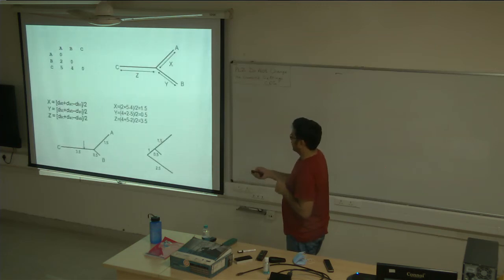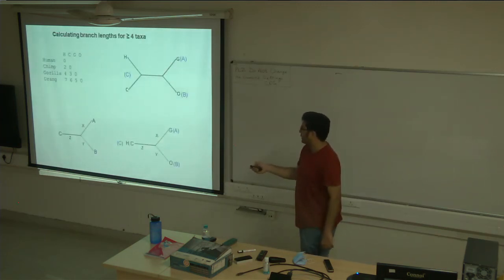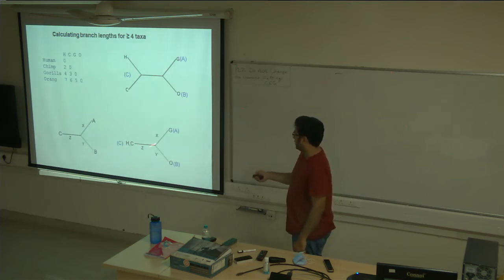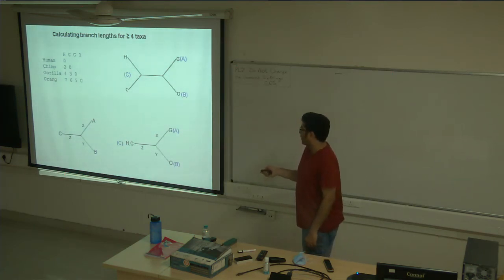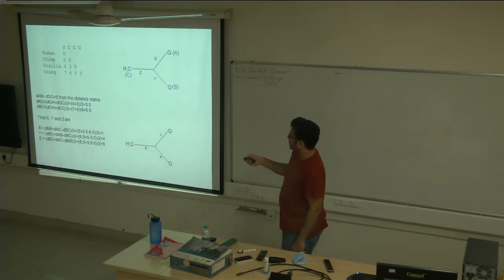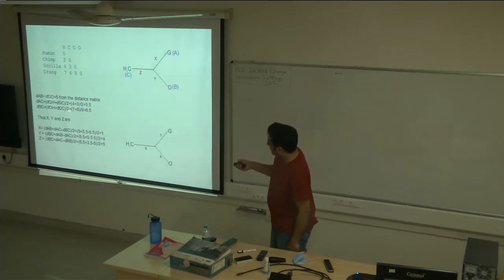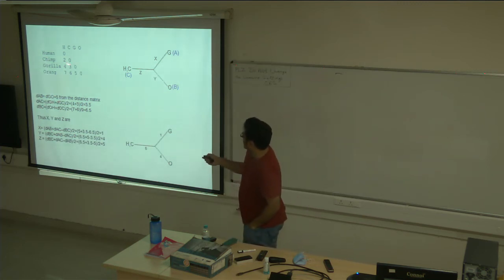Using this Fitch-Margoliash formula, you calculate the branch lengths for these 3 taxa. Then basically you calculate the remaining 2 taxa.